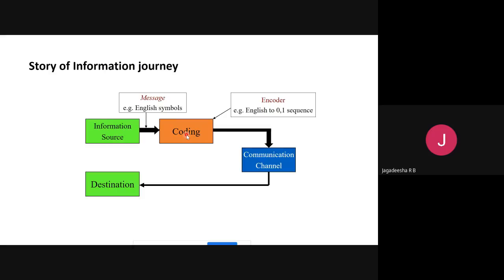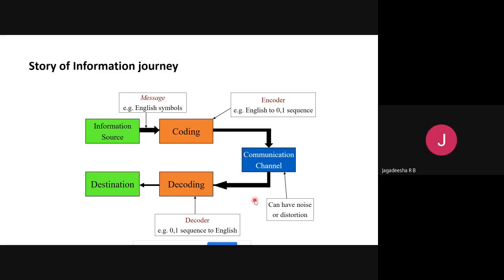And then it comes to the communication channel. Here the channel may be a wired channel or a wireless channel. In the channel we can have some noise, unwanted signal, or some distortion being added. So that will degrade the signal.